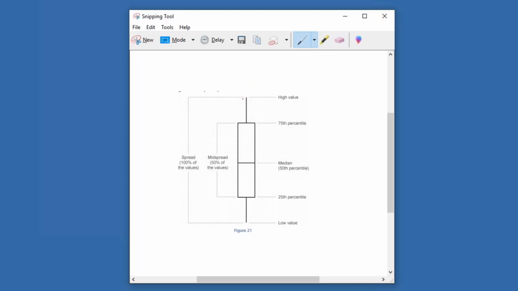But we also have outliers, so we have high values and we have low values, and we're able to show all these different values on the box plot or the box and whisker chart by using the tips of these extensions here. In the one we're going to show you, we'll actually put a little line on the top to show our high values.